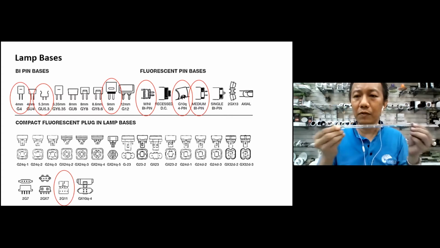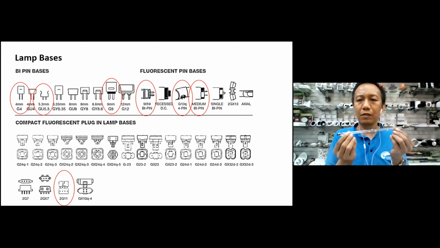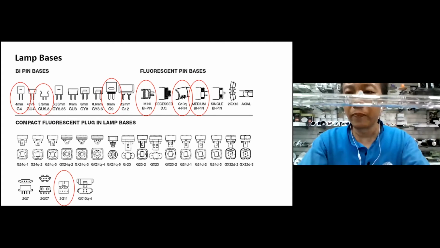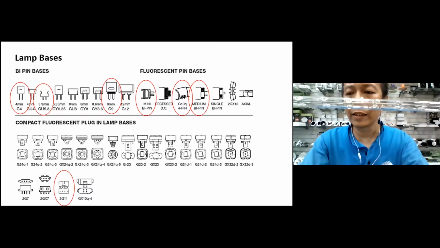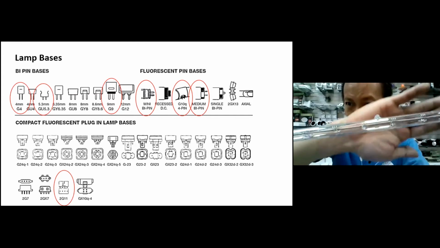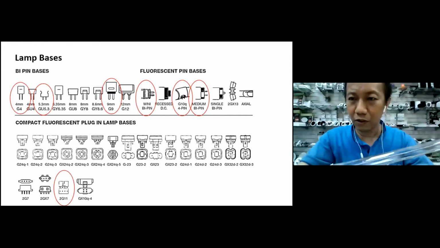Ito yung R7S, double-ended. Ang composition nito sa loob, halogen yan. Halogen.